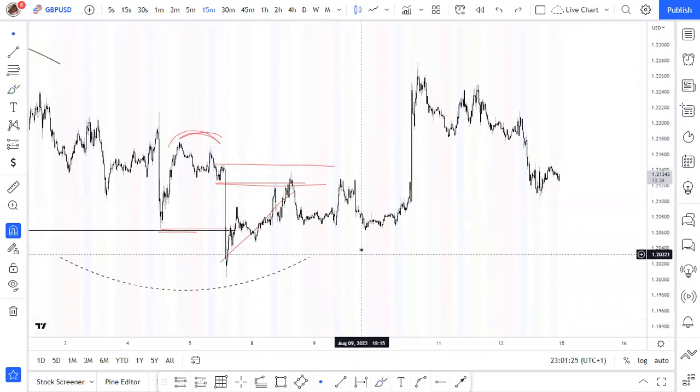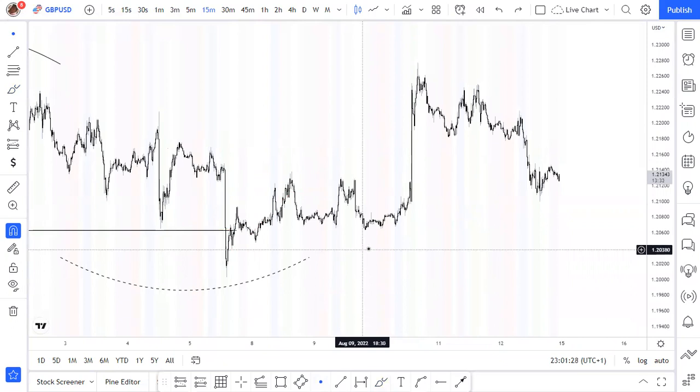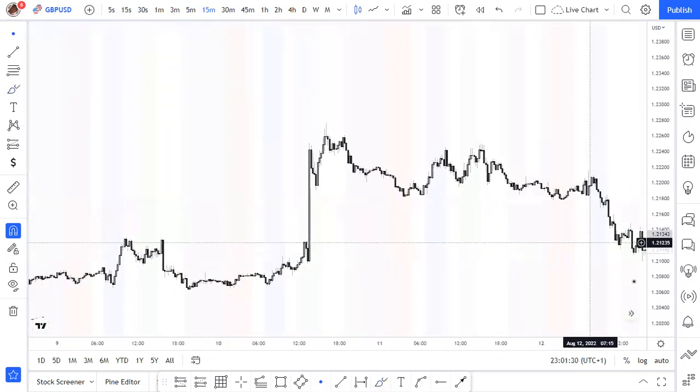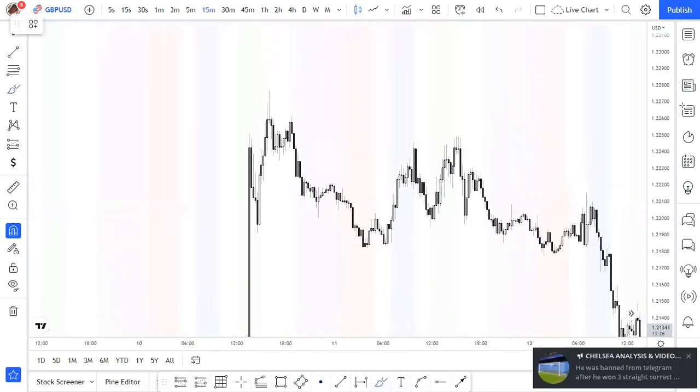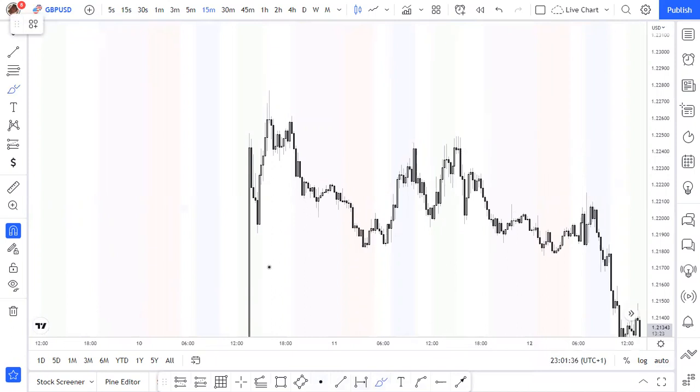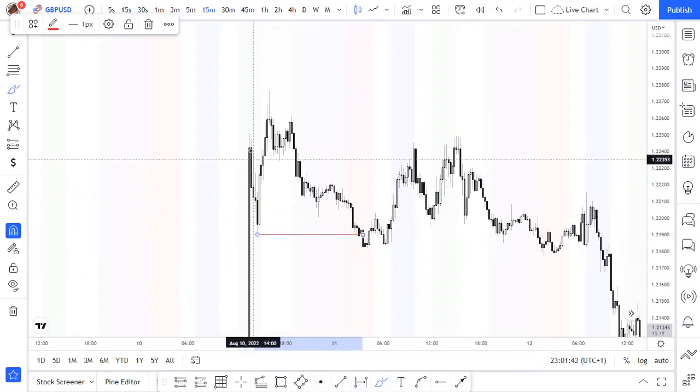So if we look at the structure of the market like this, if we say that we had this to be our break of structure, and following this to be our last higher low.